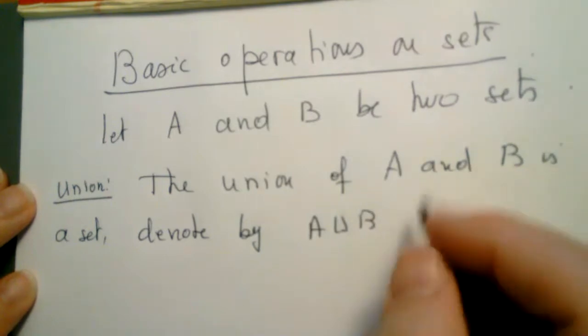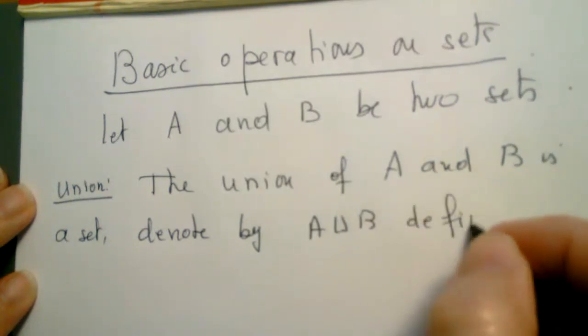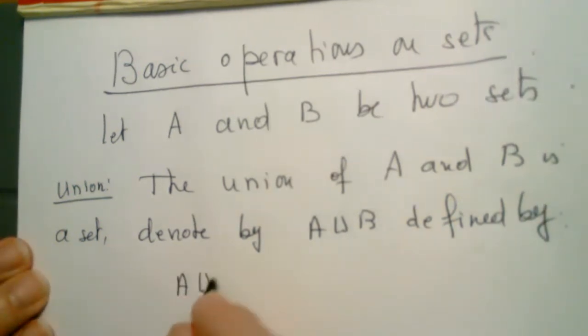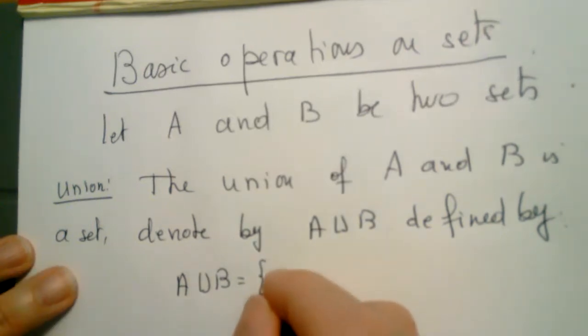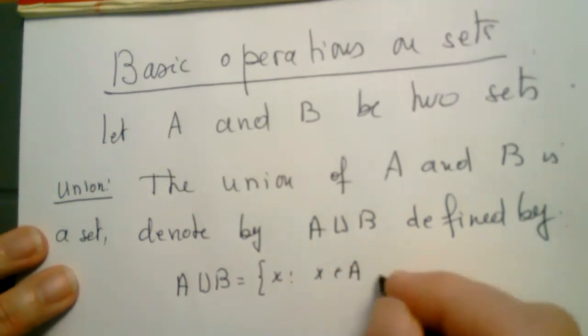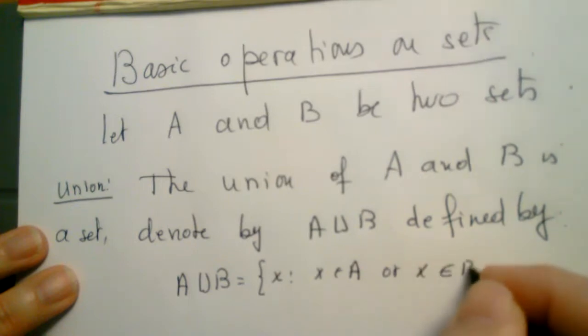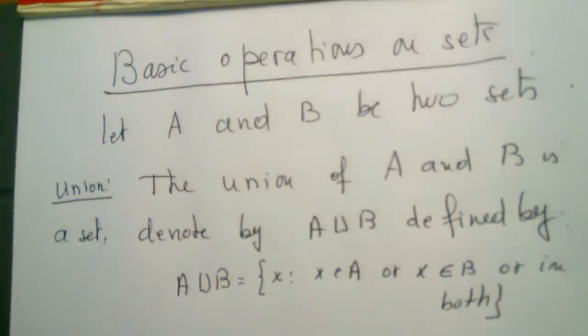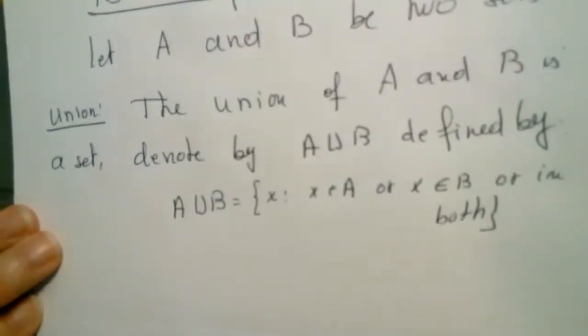It's defined by set builder notation: all the x's such that x is in A or in B or in both of them. The union is a new set which has everything in A and everything in B in it.